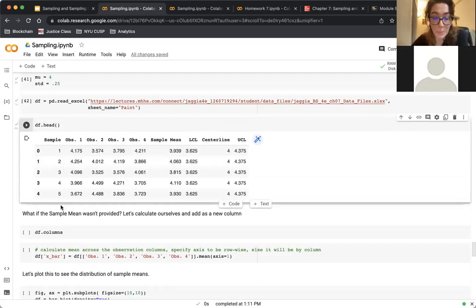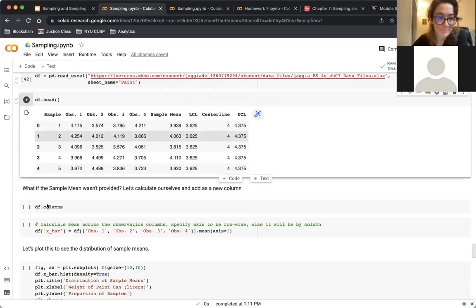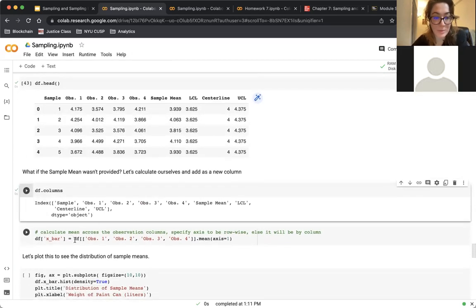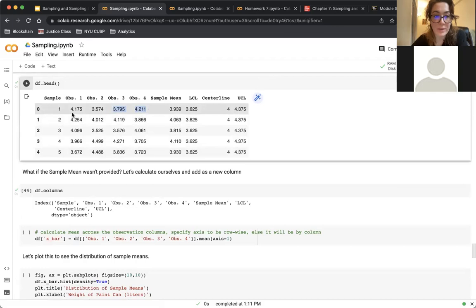So we will go through this in case the sample mean and lower and upper control limits weren't provided. We will do this ourselves. The way we would calculate this X bar, or sample mean, is by taking all of the observations.